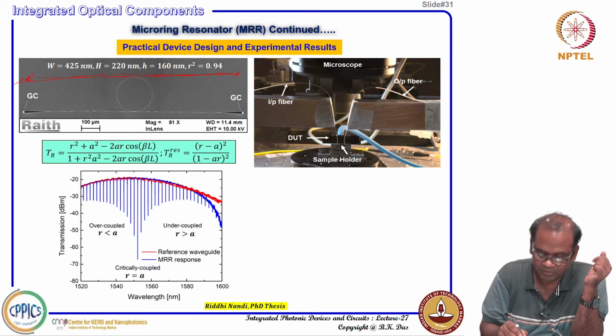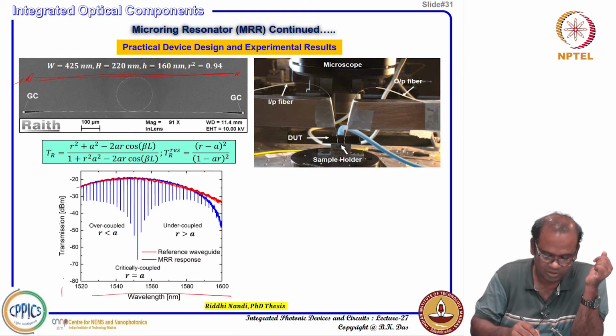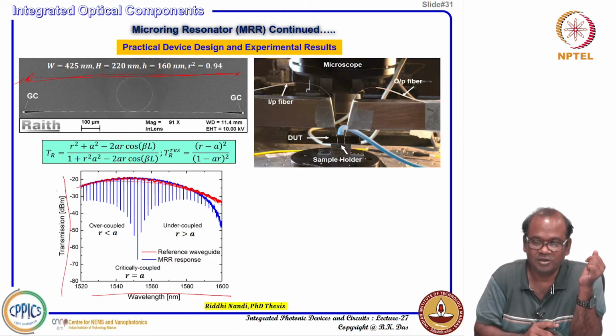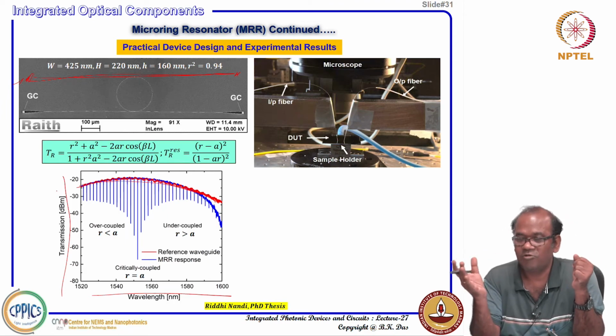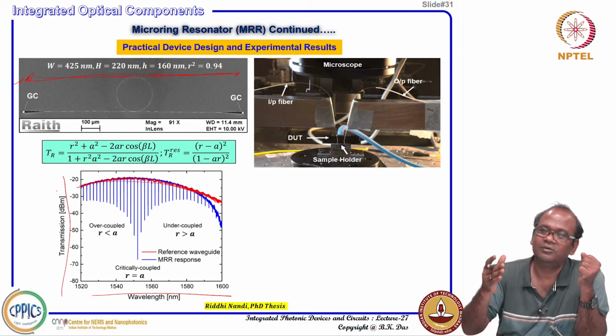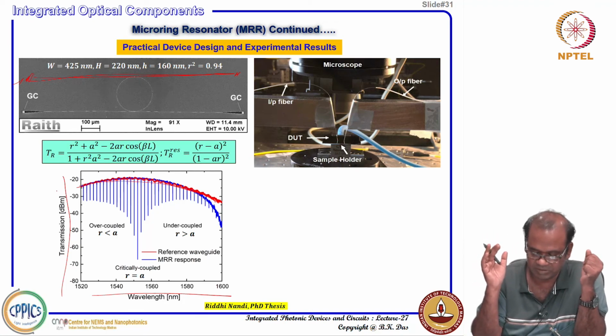This is your wavelength dependent transmission in dBm scale. Whatever transmission you get, you convert into milliwatt and take the log to the base 10, and that is actually dBm.